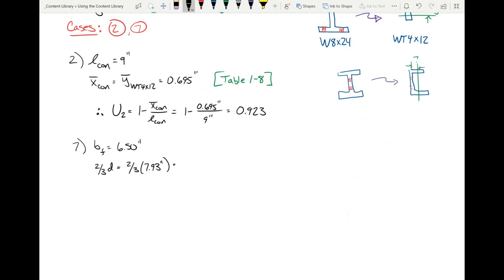What is it, like 4 something? Somebody help me out on that one. Okay, 5.28. So if I were to compare BF and 2/3 of the depth, I think it's fair to say that that's greater. And if that's the case, what's U7?